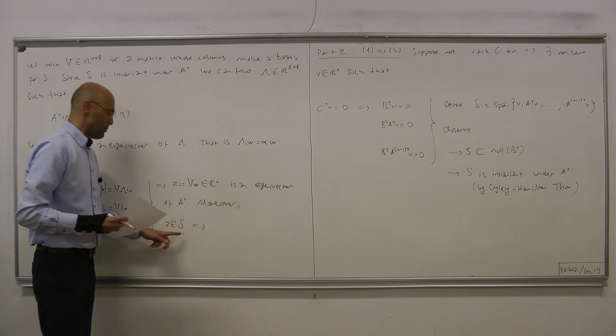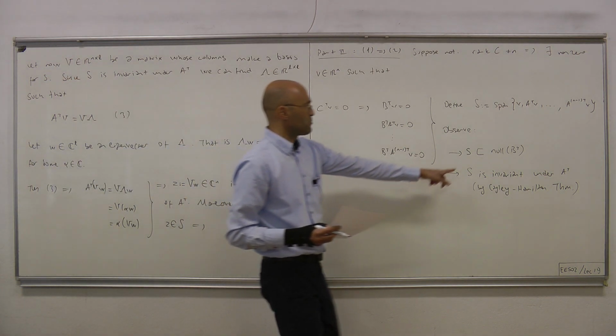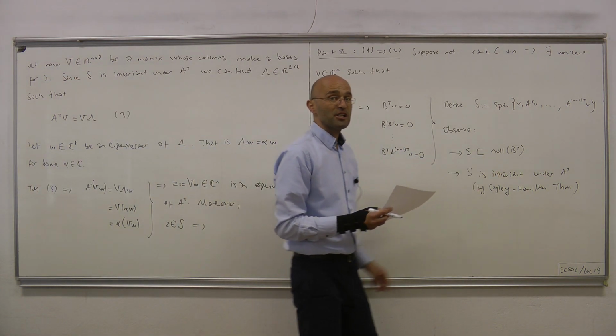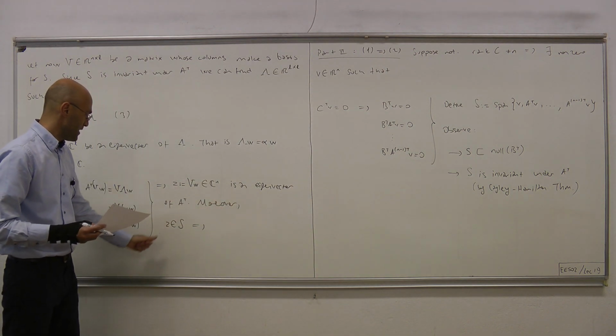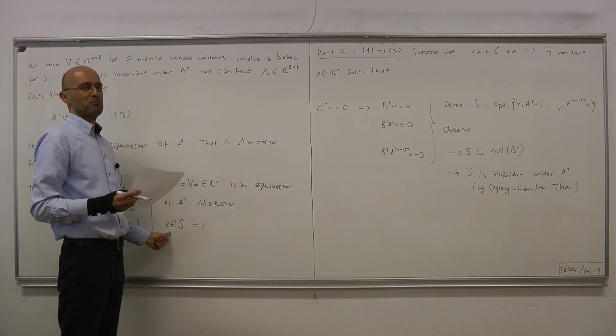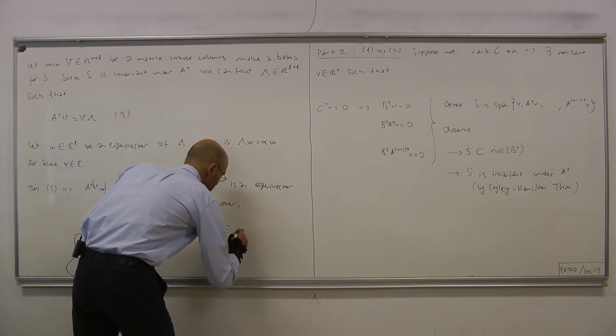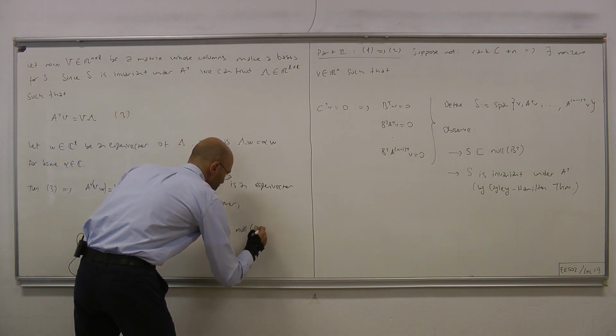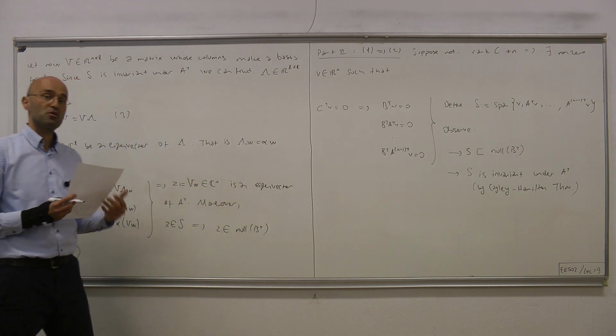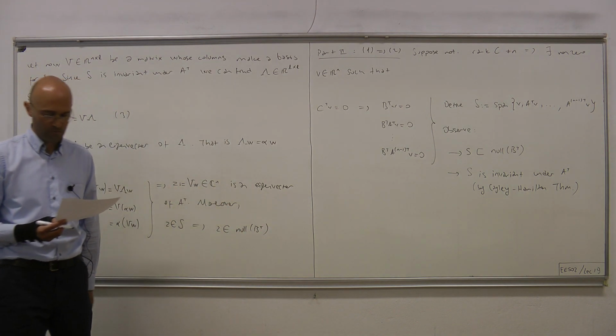And since Z belongs to subspace S, and subspace S is a subset of the null space of B transpose, automatically Z must belong to the null space of B transpose. Z belongs to the null space of B transpose, or in other words, B transpose times Z must be 0.